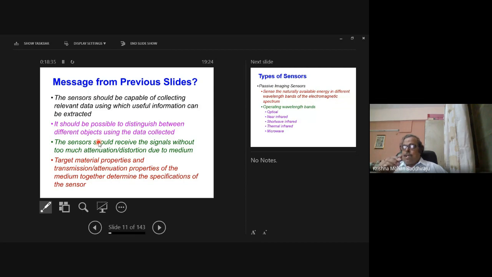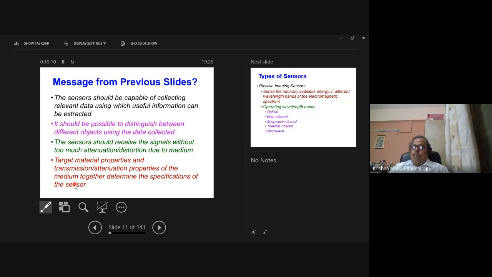The target material properties and the transmission attenuation properties of the medium together determine the specifications of the sensor. Now today you have, across all the continents put together, a very large number of Earth observation satellites owned either by industries or by governments, which can provide you the data.